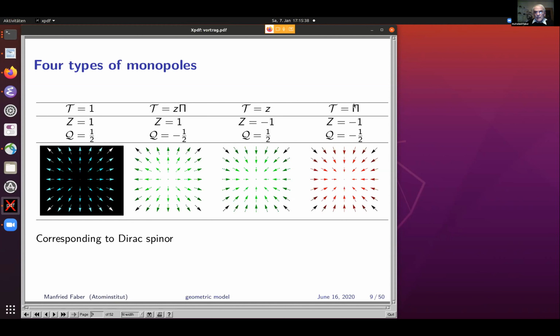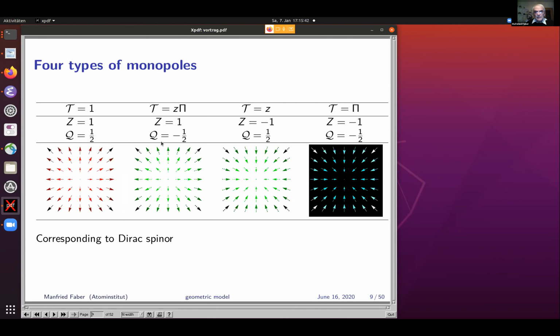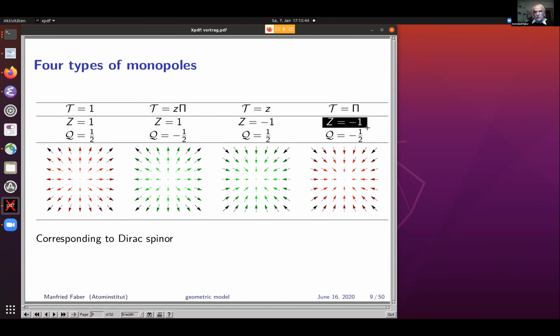So if I make a parity transformation, you see vectors are pointing inside. This means that the charge is changed to -1. So instead of electron, we have positron, and the projection of topological charge is changed to -1/2. So it's spin 1/2, but magnetic quantum number minus 1/2.